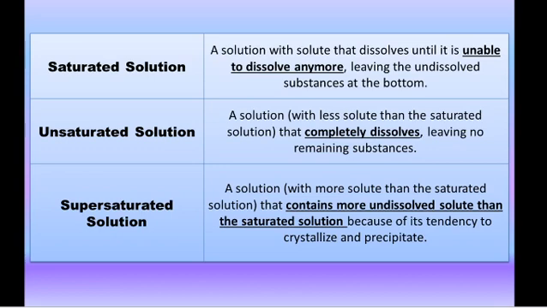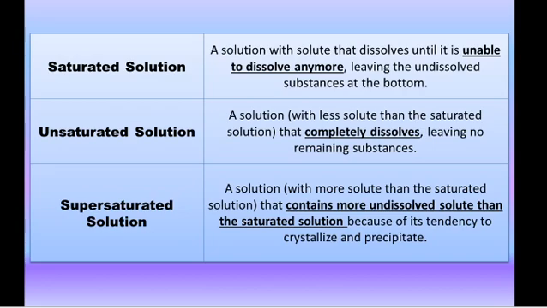But if we add an excess amount of solute, it forms a supersaturated solution, so the solvent cannot dissolve anymore, and the solute gets deposited at the bottom of the beaker. It cannot dissolve, so it makes a precipitate or forms crystals, and it starts crystallizing.